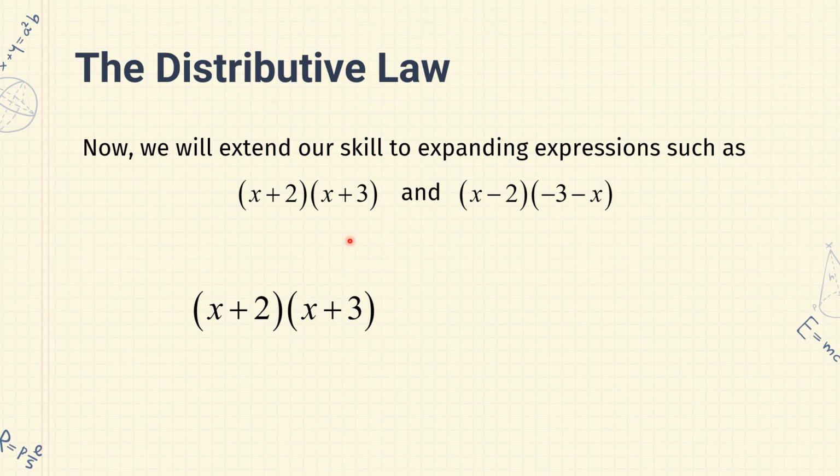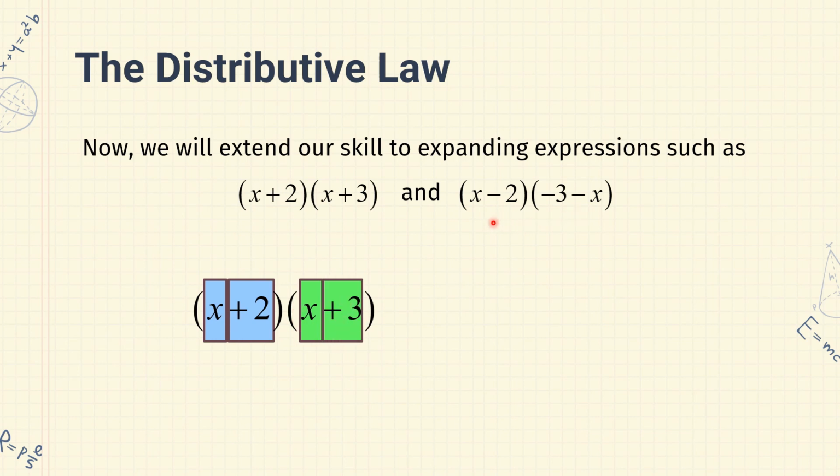In (x + 2) times (x + 3), within this set of brackets, x is considered a single term. In fact, it is a positive x. And then we have a plus 2. Then in the next pair of brackets, we have a positive x again, and then a plus 3.